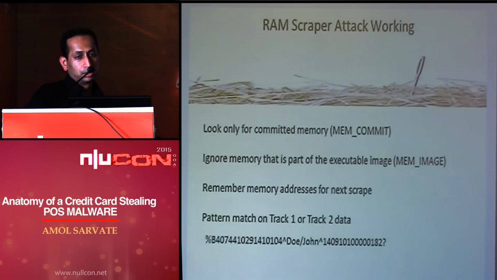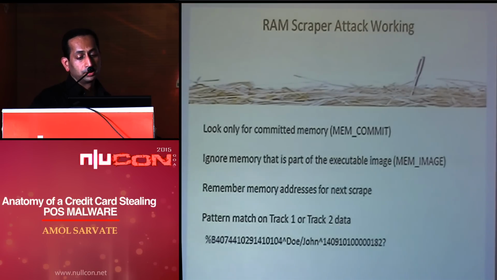Ignore all the memory that is part of the executable, ignore all the resources in the RAM like JPEG images and all that for that process, and then do this pattern matching and give me the memory that matches this particular pattern. By doing this, you will get some 18 or 19 digit credit card number.